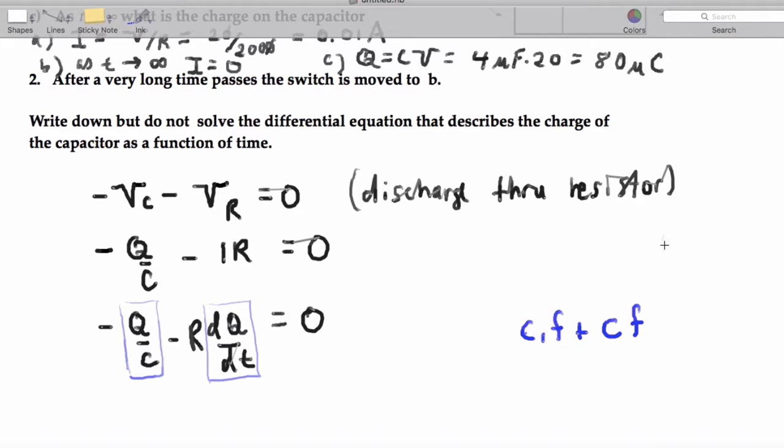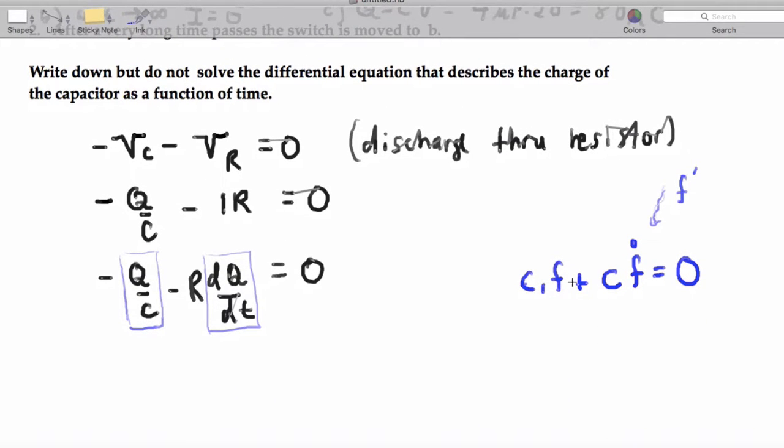Now, I know in calculus class you're used to seeing derivatives written as f prime, but this is a time derivative, so we use dots instead. And that equals 0. This is the general form of this equation, and this is the class of differential equation we're going to learn to solve today.